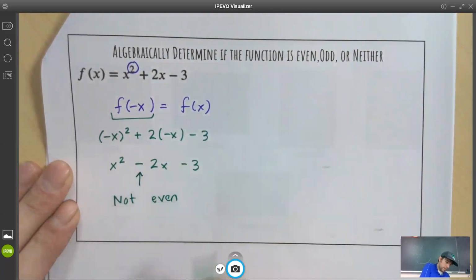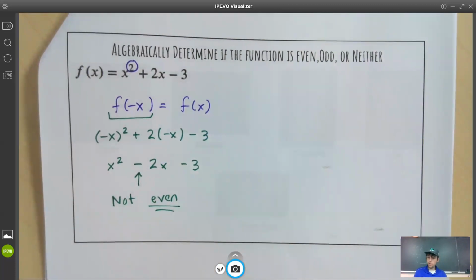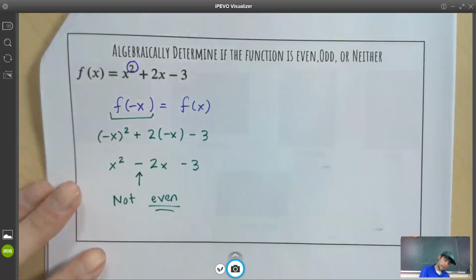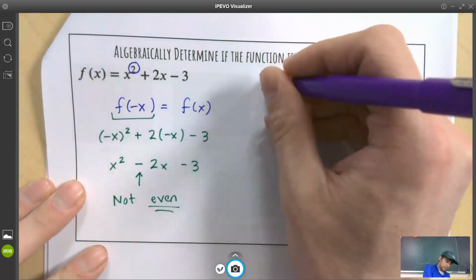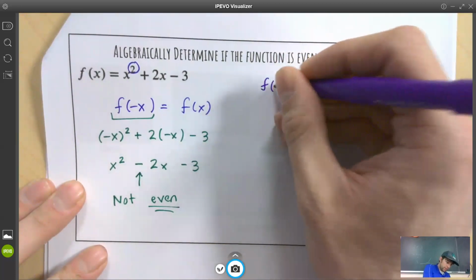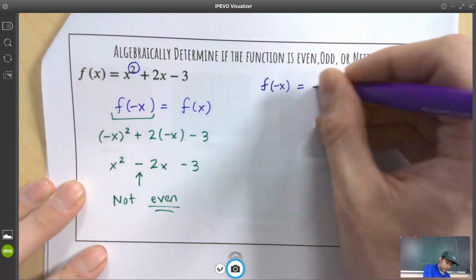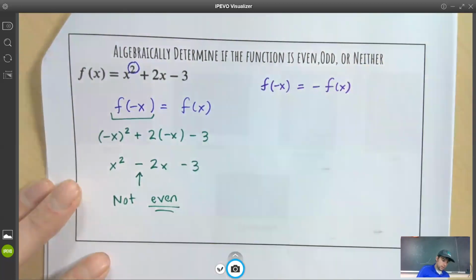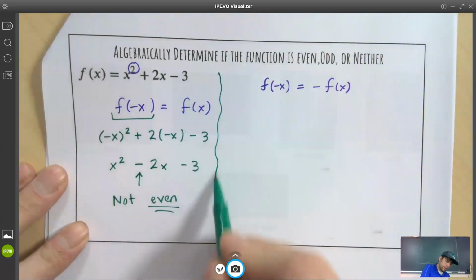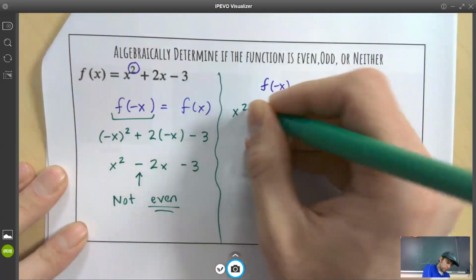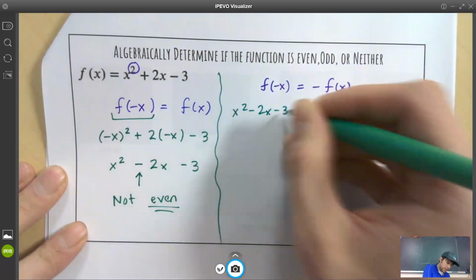Now, I do happen to know that it's not really worth our time to test it to be odd, but I am going to go ahead and carry through that and show that it is also not odd. So remember, odd is f of negative x equals negative f of x. We've already simplified f of negative x. We already know what that equals: x squared minus 2x minus 3.